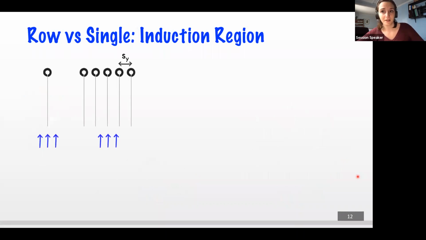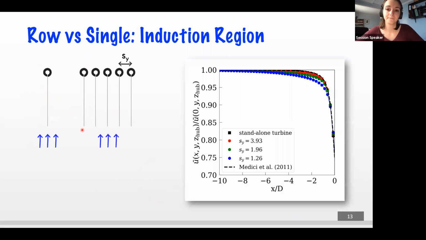So to begin, to kind of go back to that induction idea, if I compare the induction of a single turbine to the average induction in front of each turbine in a row, so we take the center line, the velocity along this line, and normalize it by the really far upstream value, well, we get this result.